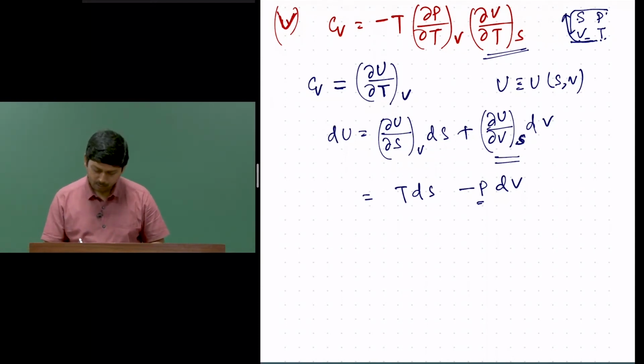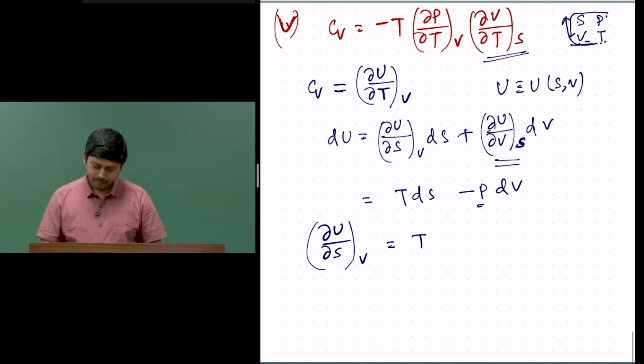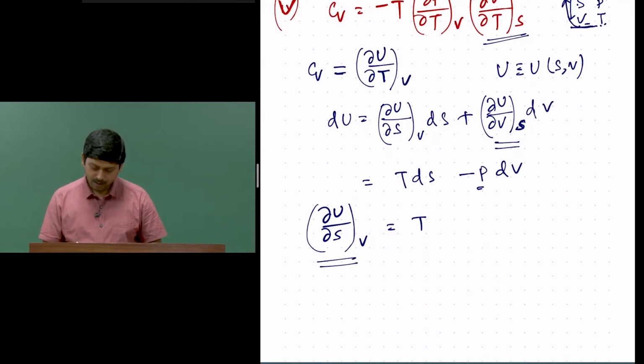If I try, let us say, del u by del s at a constant v, it is just nothing but t. Okay. Now, this means I can write del u by del t at a constant v, then del t by del s at a constant v. Can I write that?